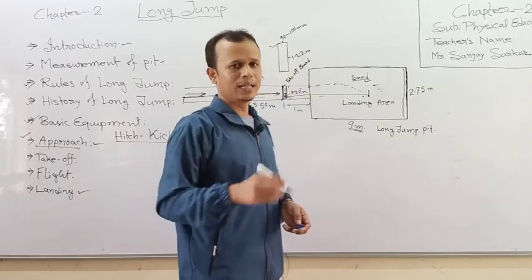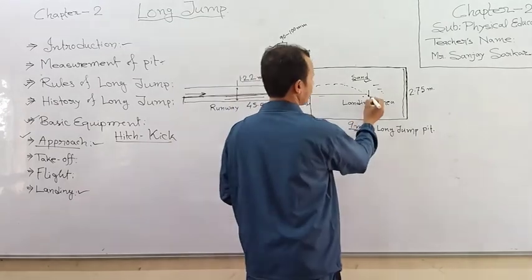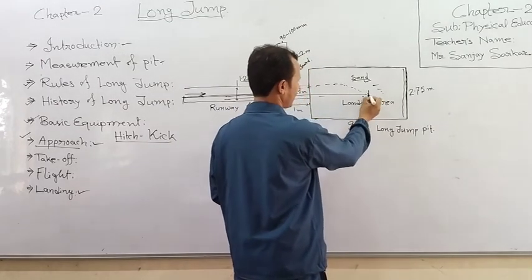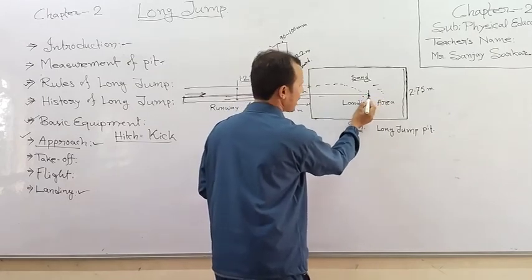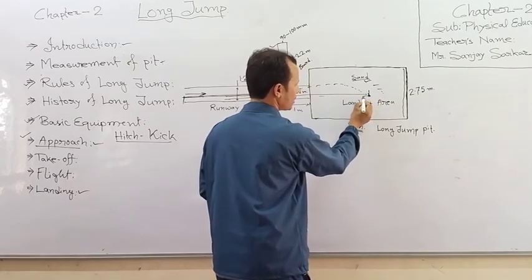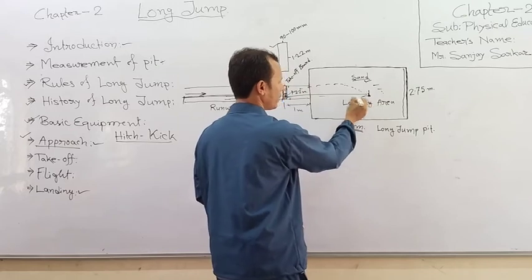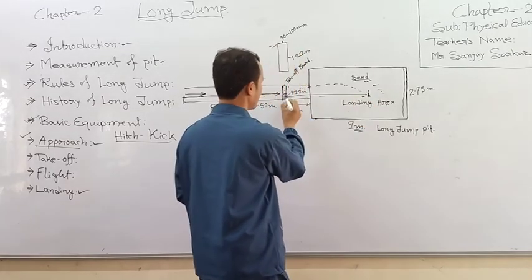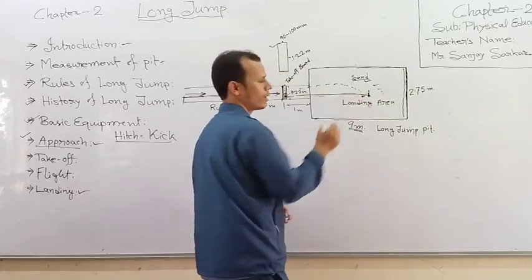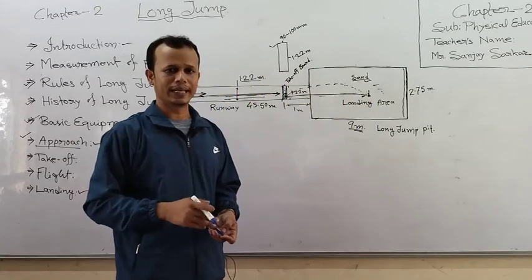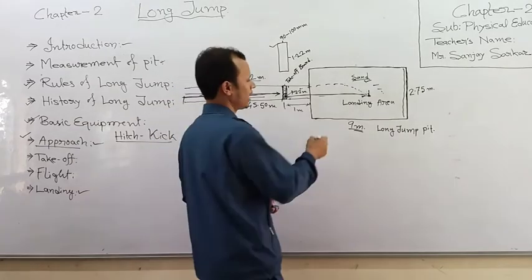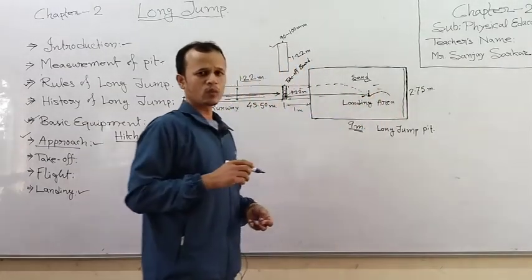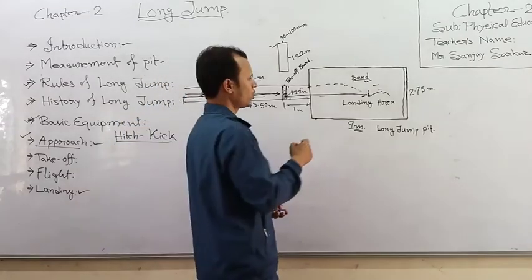That will give a lesser measurement, because if I land here and then touch my hand at the backward point, it will be measured from the takeoff board. Our performance will be decreased. So always, after landing, we have to move forward.